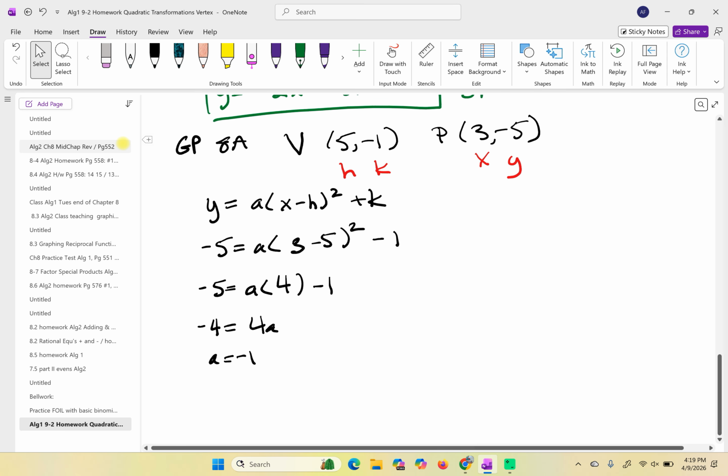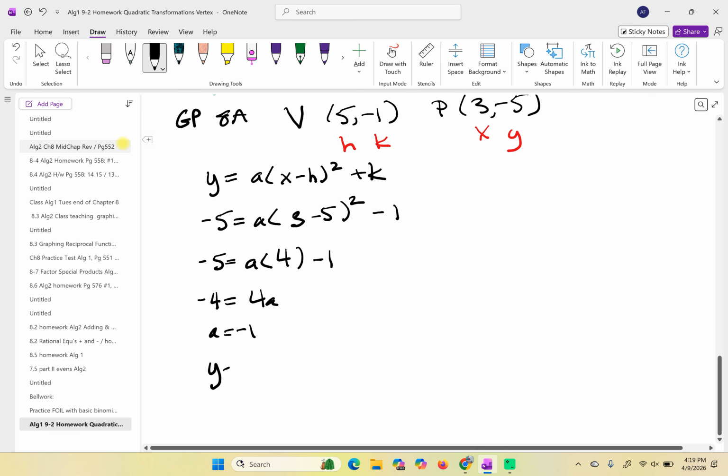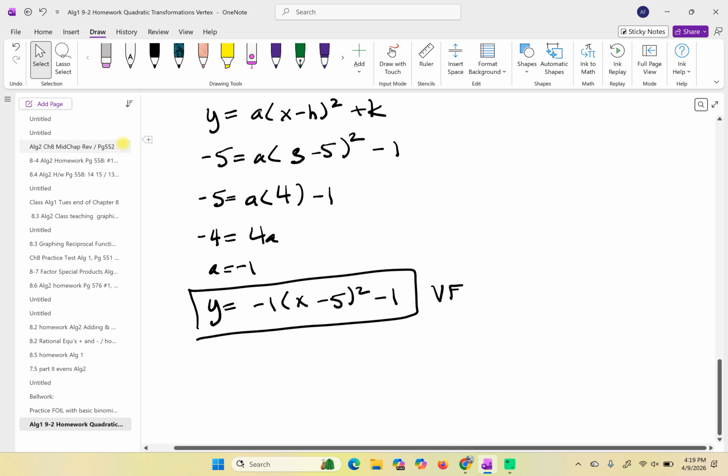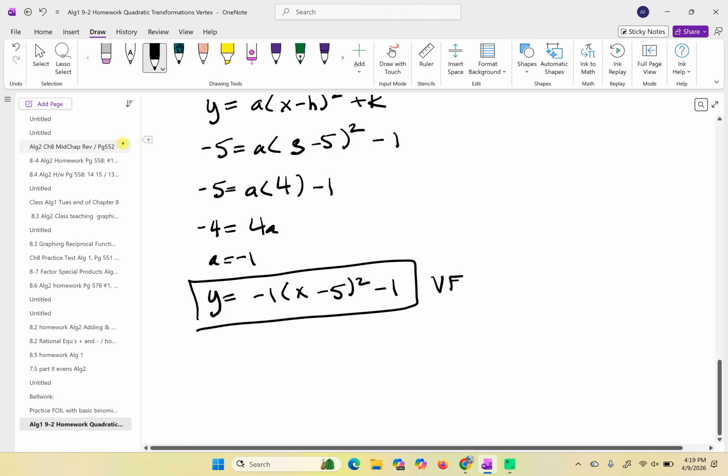Now I'm ready to write the vertex form equation. -1 times (x minus 5) squared minus 1. Do the math again to transform this to standard form.